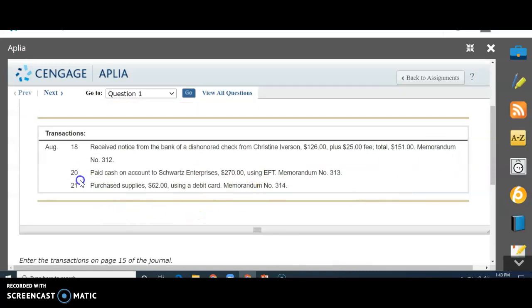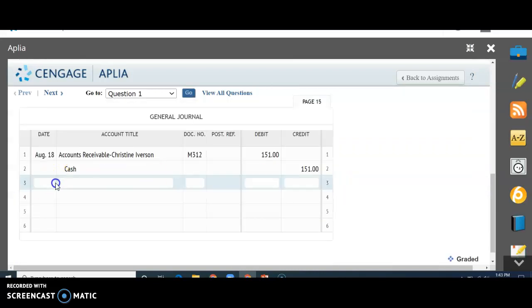The second one, the 20th: paid cash on account to Schwartz Enterprises, $270 using electronic funds transfer, memorandum 313. This is pretty easy. It's nothing different other than the document number. So we have accounts payable, dash Schwartz Enterprises.